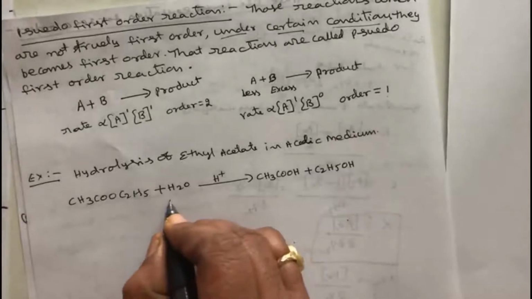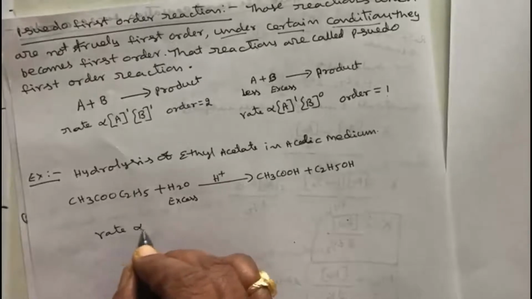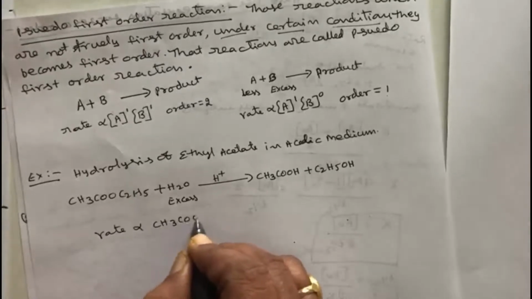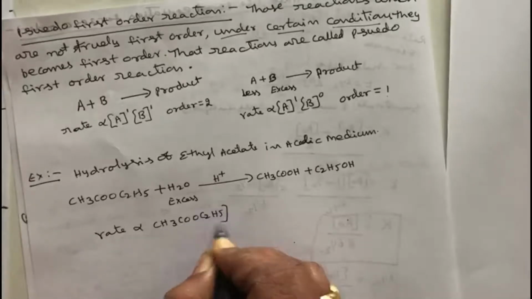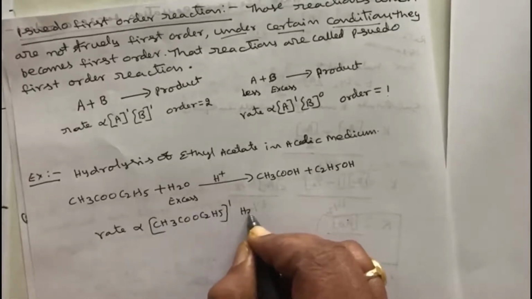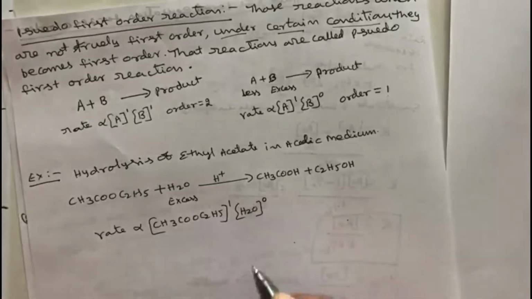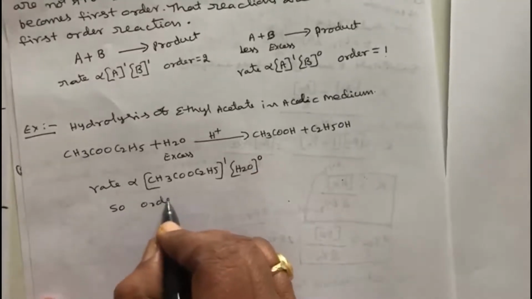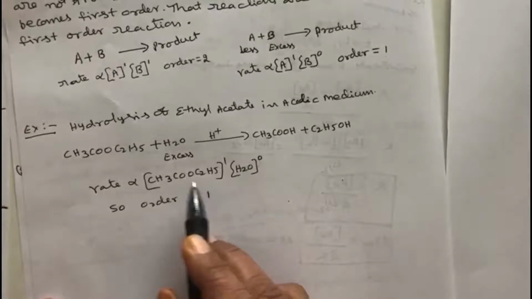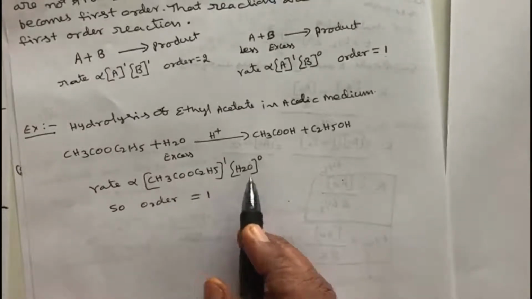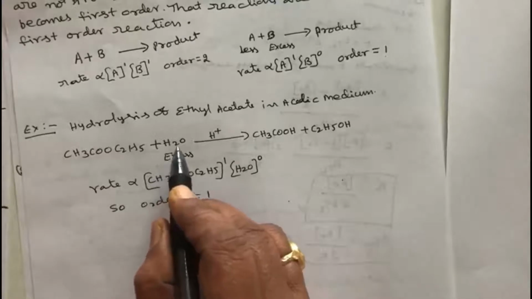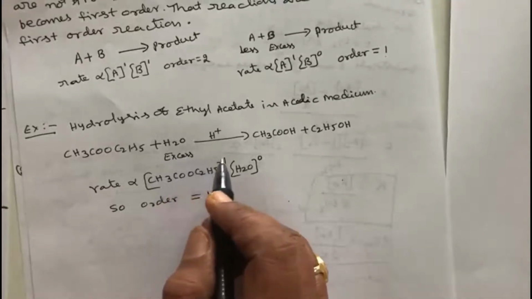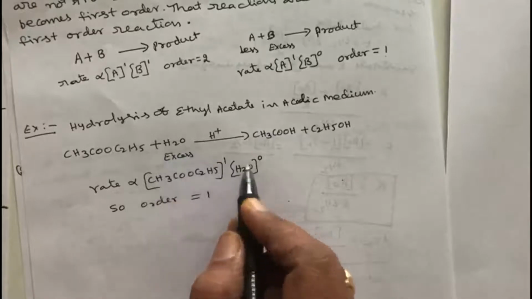In this reaction, water is present in excess quantity. Now rate is proportional to CH3COOC2H5 power 1. H2O order becomes 0. So order is 1. Actually its order should be 2, but because the water is in excess quantity, it cannot alter the rate of reaction. Its order becomes 0. That is why the order of this reaction is 1.